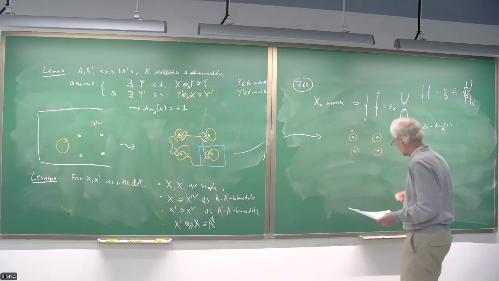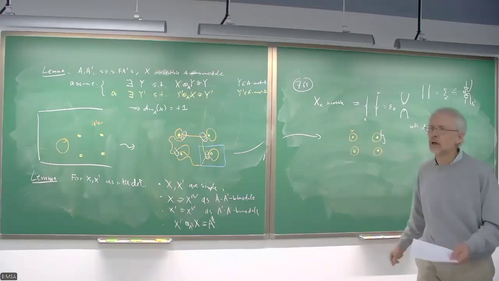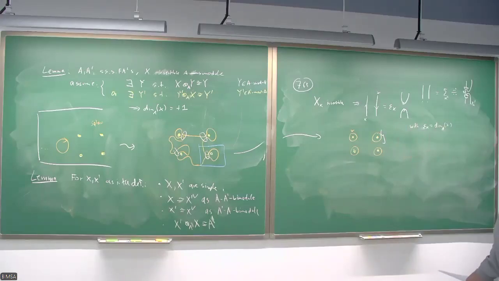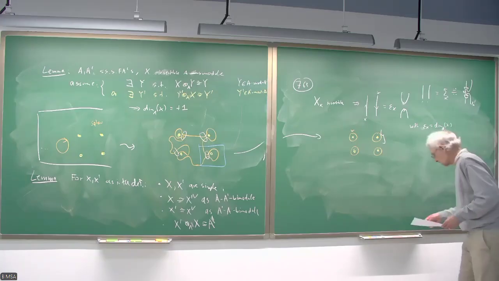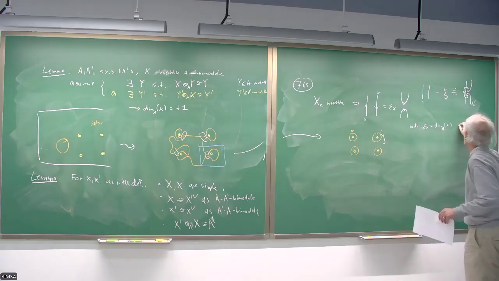And as I said before, this epsilon x is also -1, I'm saying. I thought so. Then this would be the dimension, the A dimension.